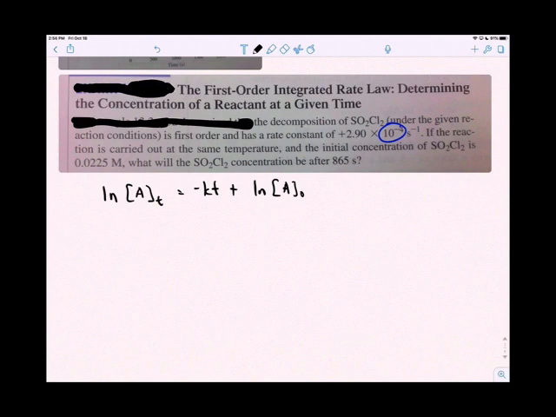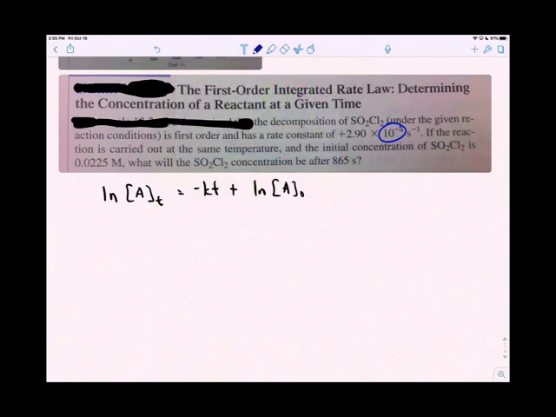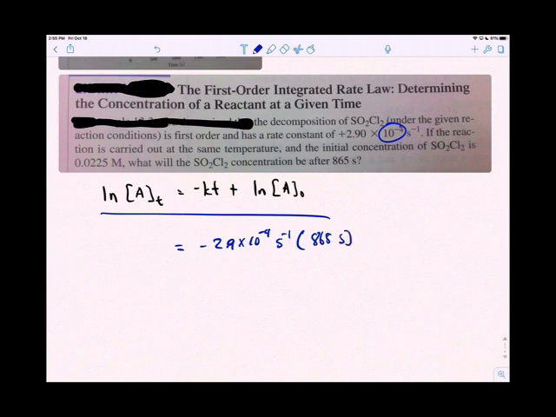So for this one, you just plug in the first order integrated rate law. Here is the first order integrated rate law, and you put in minus k, so the k is minus 2.9 times 10 to the minus 4, and the units are inverse seconds, times time, 865 seconds, plus the natural log of the initial concentration.